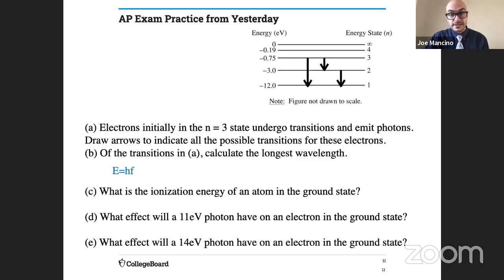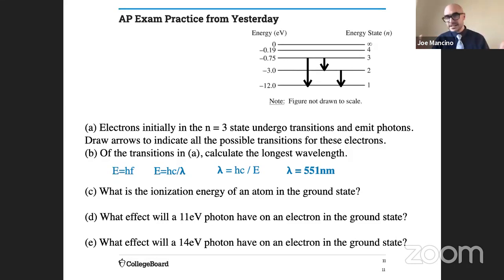Energy is Planck's constant times frequency. Frequency is speed over wavelength. So you could have said, well, wavelength is Planck's constant times the speed of light divided by the energy. If you take Planck's constant, multiply by the speed of light, and divide by the energy, you get about 551 nanometers.